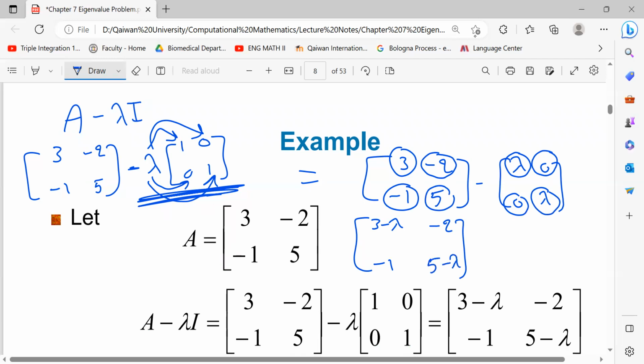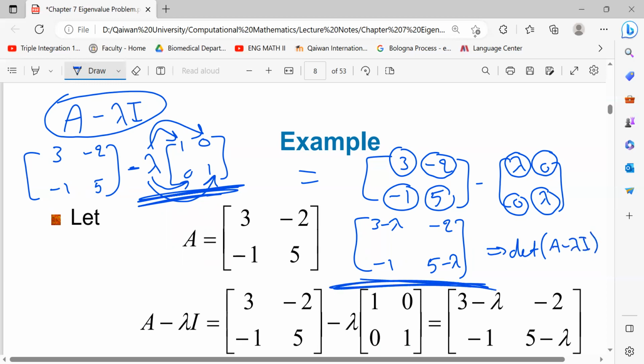This is A minus lambda I. Now we find the determinant of this matrix. The determinant of A minus lambda I is the determinant of this matrix. It's a 2 by 2 matrix.